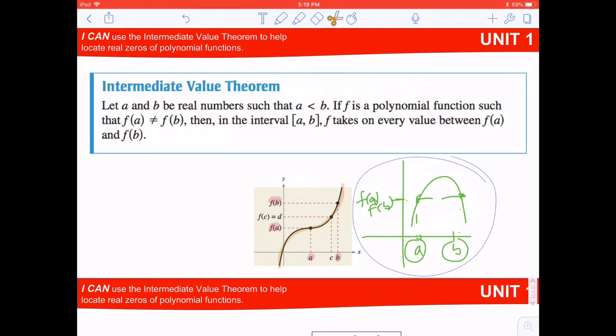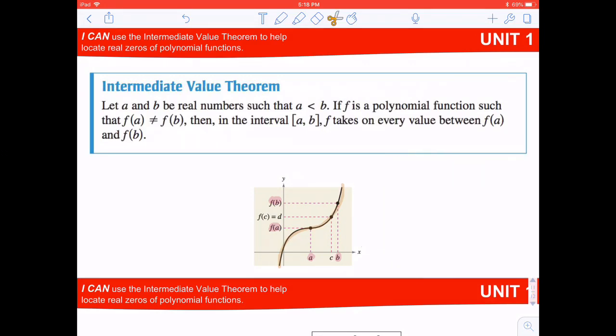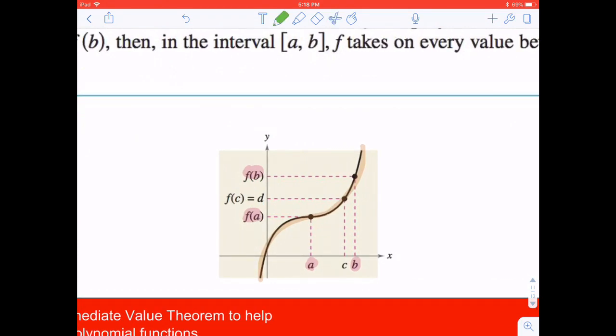So we take an example here where we have a and b, and their y values are different.